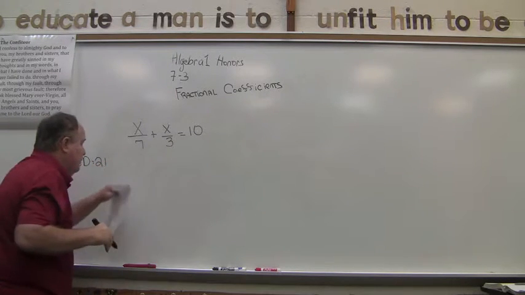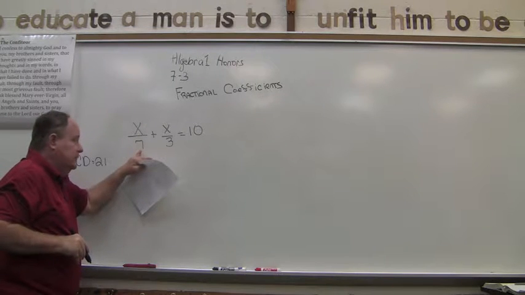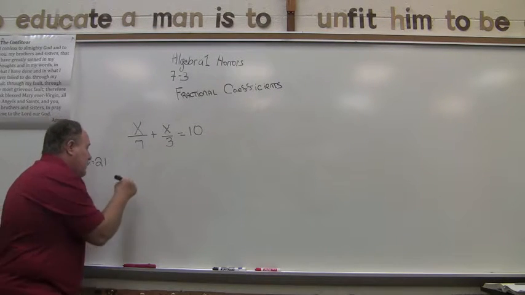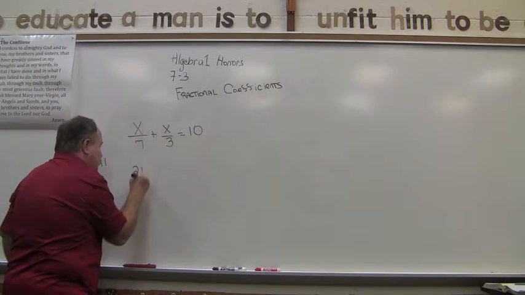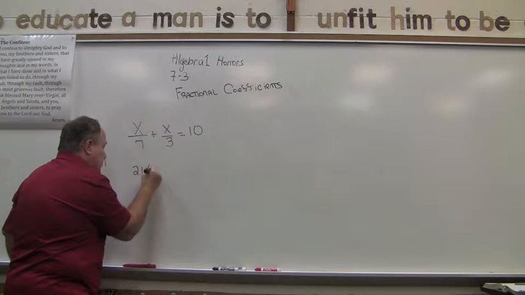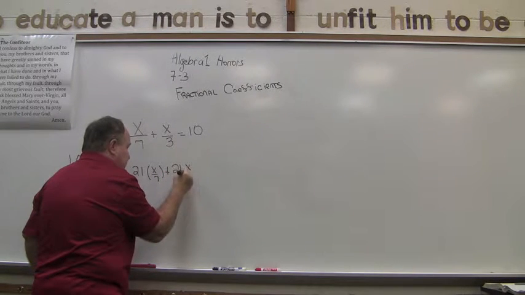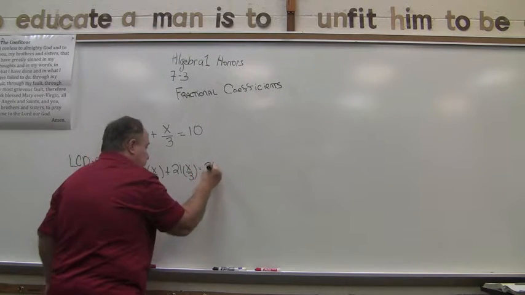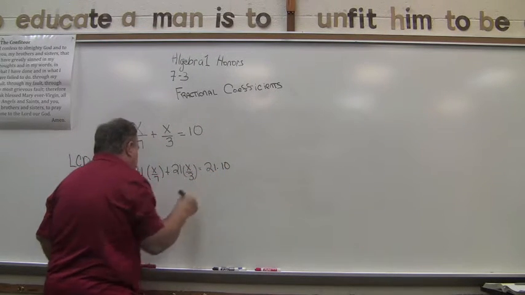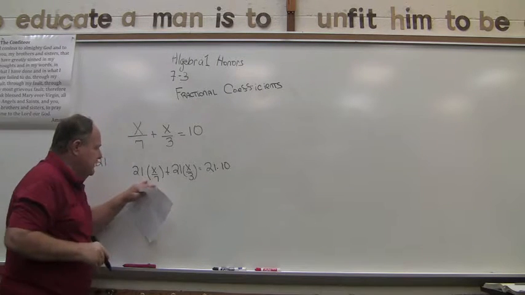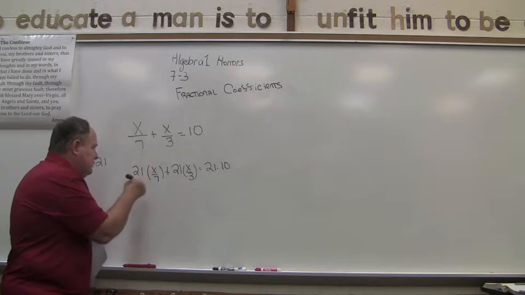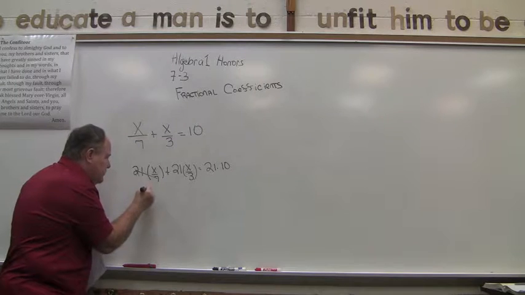Now to solve this problem, we're going to get rid of these denominators. We do that by multiplying each of our terms by 21, which is our least common denominator. And then we solve. 7 goes into 21 3 times, so instead of 21 over 7, we write 3x.